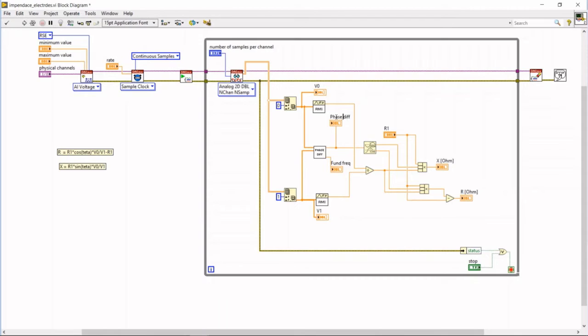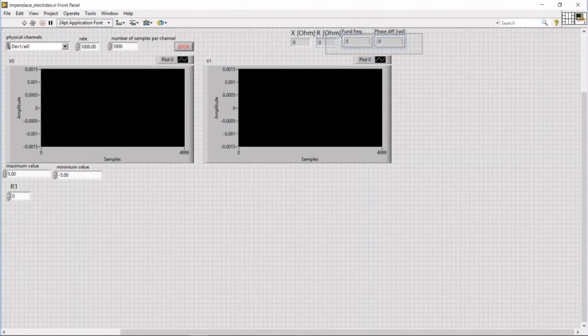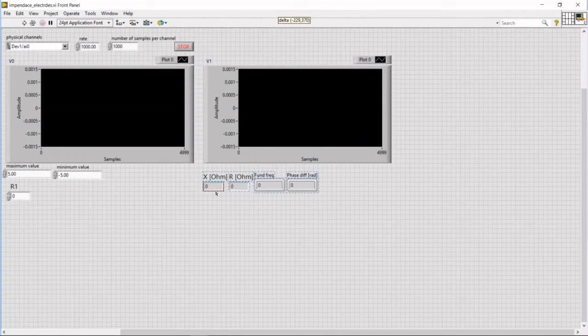Okay, so let's set that here. I saved the application, and now we have all these outputs here. So X, R, fundamental frequency, and phase difference in radians. Okay, that was that for this application. See you next time in another example.